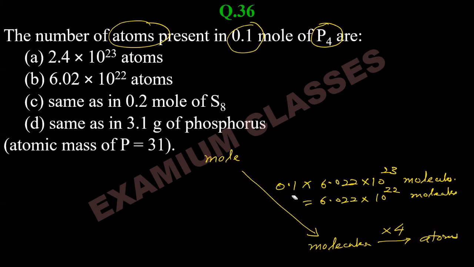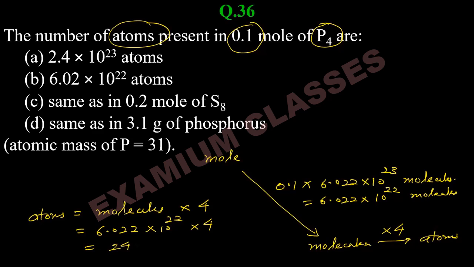Now multiply it by 4. Atoms will be 6.022 into 10 to the power 22 multiplied by 4, 24.088, that is 2.4 into 10 raised to the power 23.